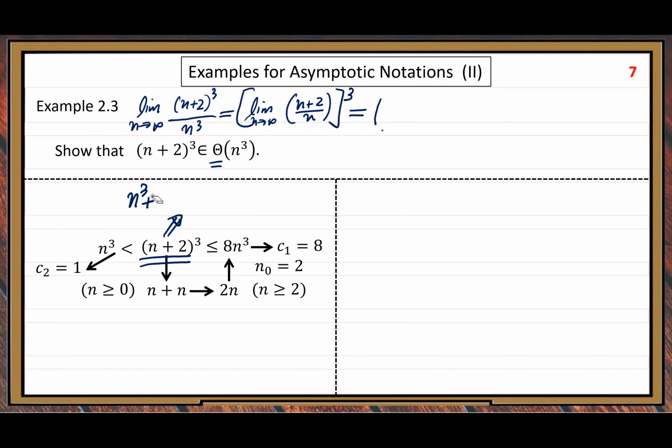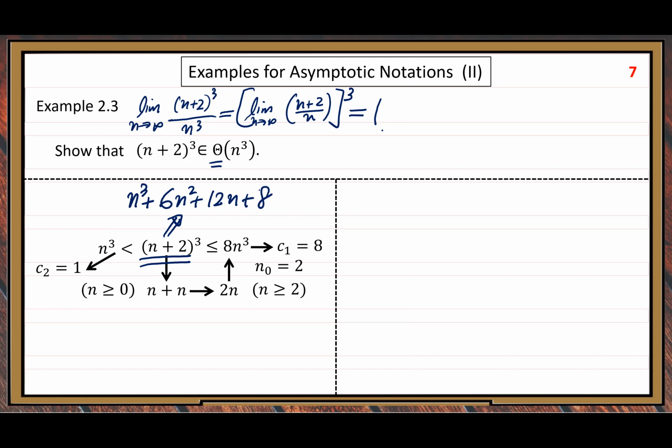So 3 times 2, 6n squared; 2 squared is 4, times 3, 12n plus 8. So they expand this n plus 2 cube expression to this polynomial.